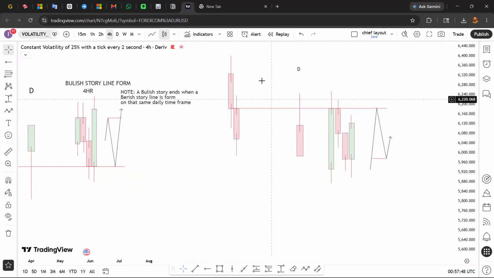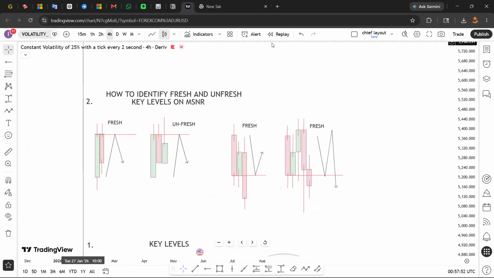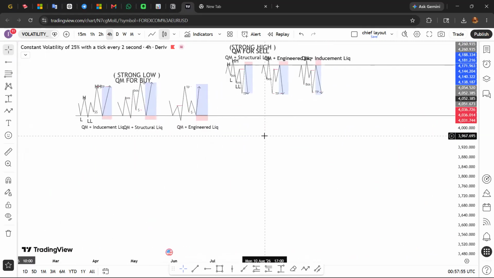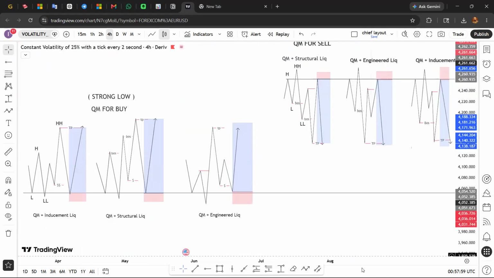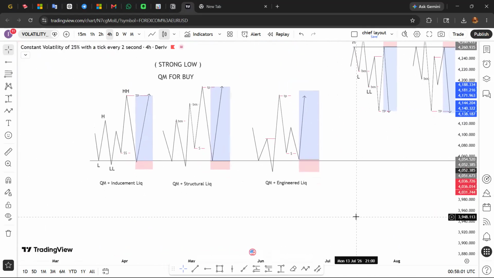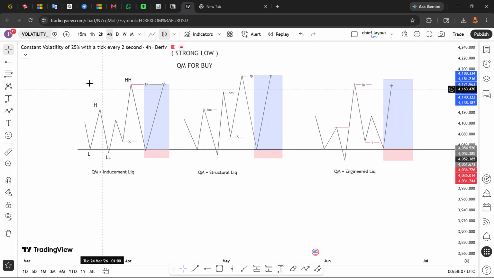So the other one on the list is, I think, QM, where I talked about QM. For a buy, we have three types of QM that I use. This one, you can study this structure. What is a QM? A QM forms when it's a reversal of a trend.